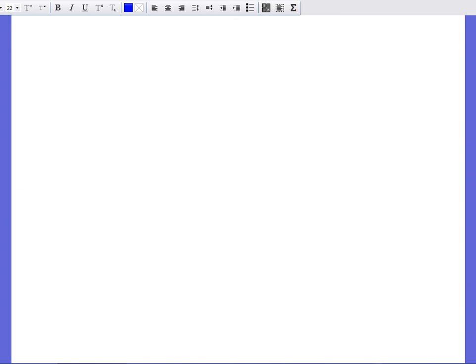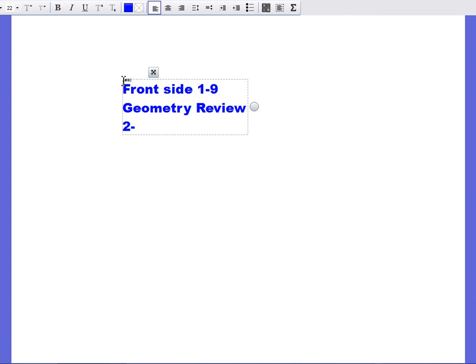Alright, so that's all I have for notes. What you need to do now is come see me for the worksheet, and I just want you to do the front side. I believe it's numbers 1 through 9. It'll say geometry review on it, 2.5 to 2.6.